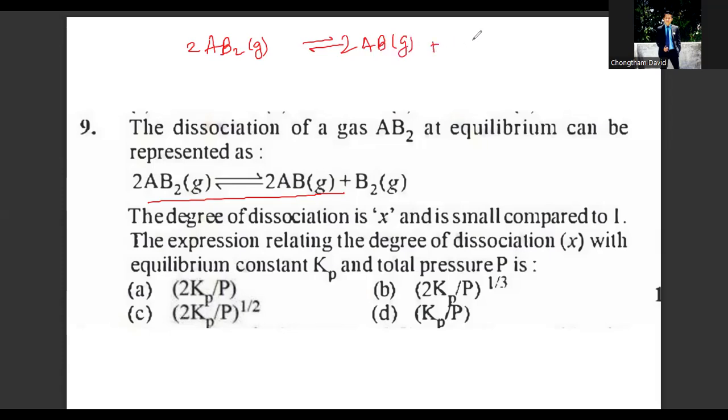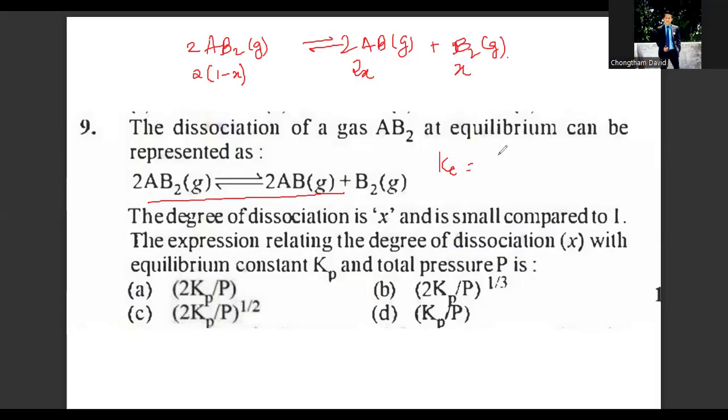The given equation is, now we have B2 gas. At equilibrium, it would be 1 minus X, 2 times... here you have twice x, and x is the number of moles at equilibrium. So what you have to do now is find Kc.